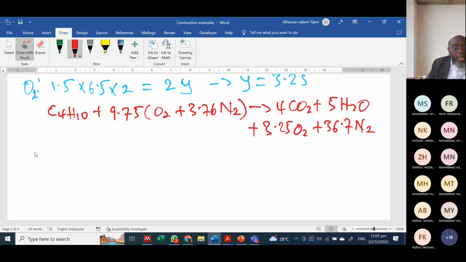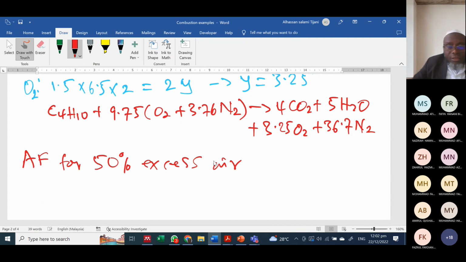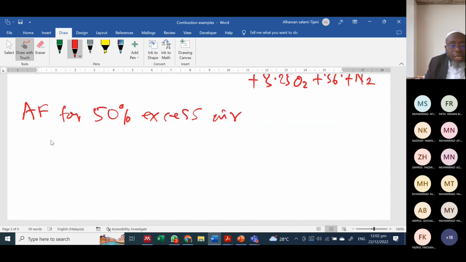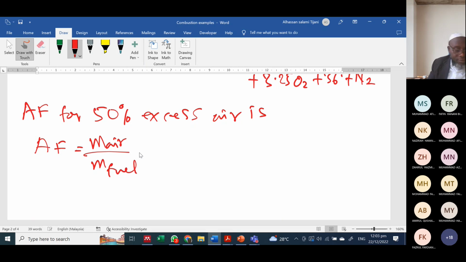So now the air-fuel ratio for 50% excess air is given by AF equals mass of the air divided by mass of the fuel. I'll write down all the equation, similar to what we have done in the previous case.